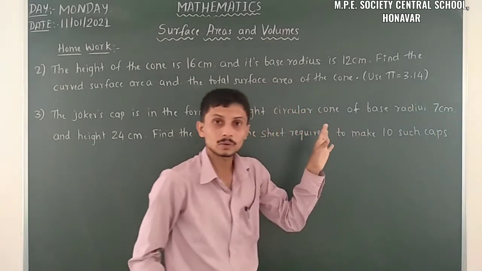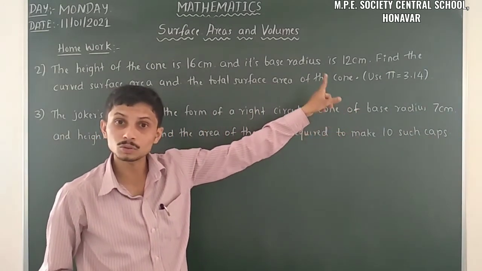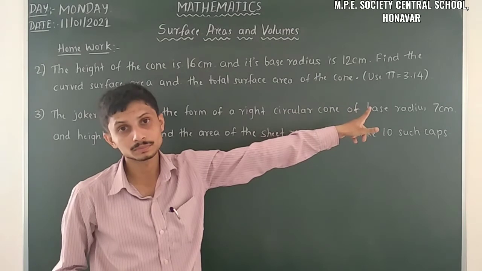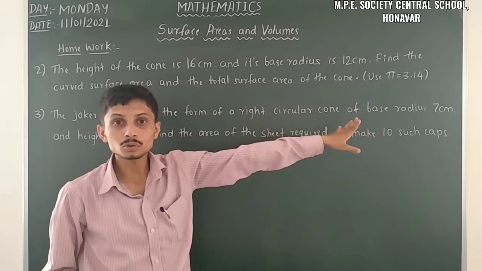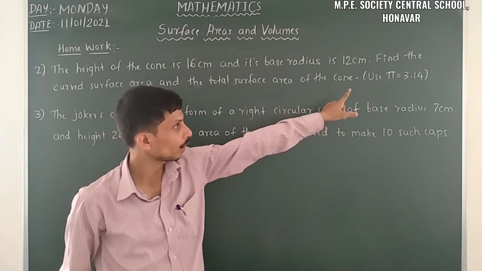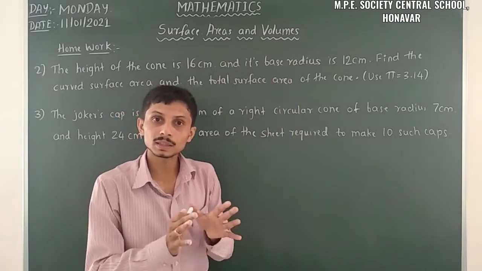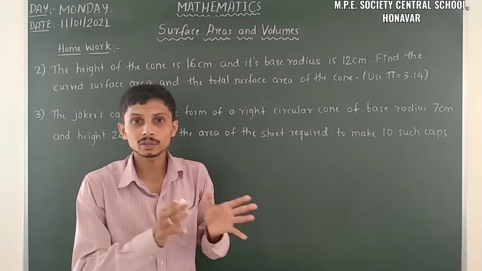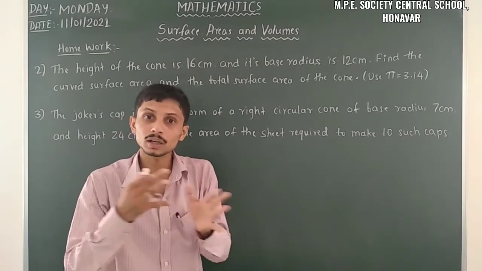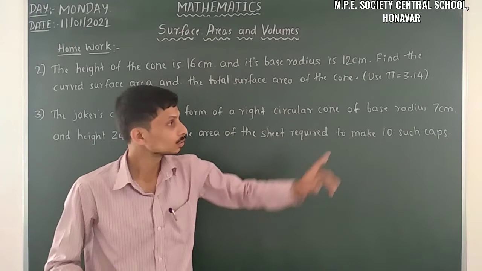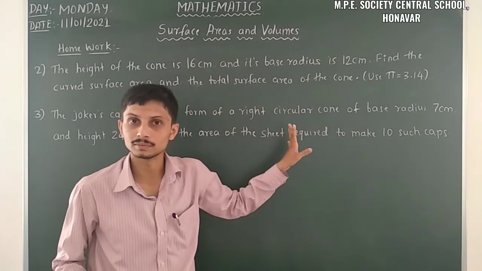Here it is given that pi is equal to 3.14, only that you have to use. So don't use 22 by 7 here. In place of pi, take 3.14 and multiply with that only. Don't convert into 22 by 7.